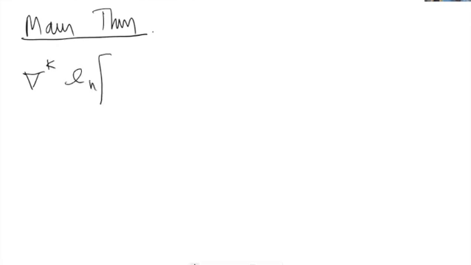Now I'm going to explain this formula. Main theorem. What this says is that if I take the nabla operator to the power of k and apply it to this expression, I'm going to give an explicit combinatorial formula for it.